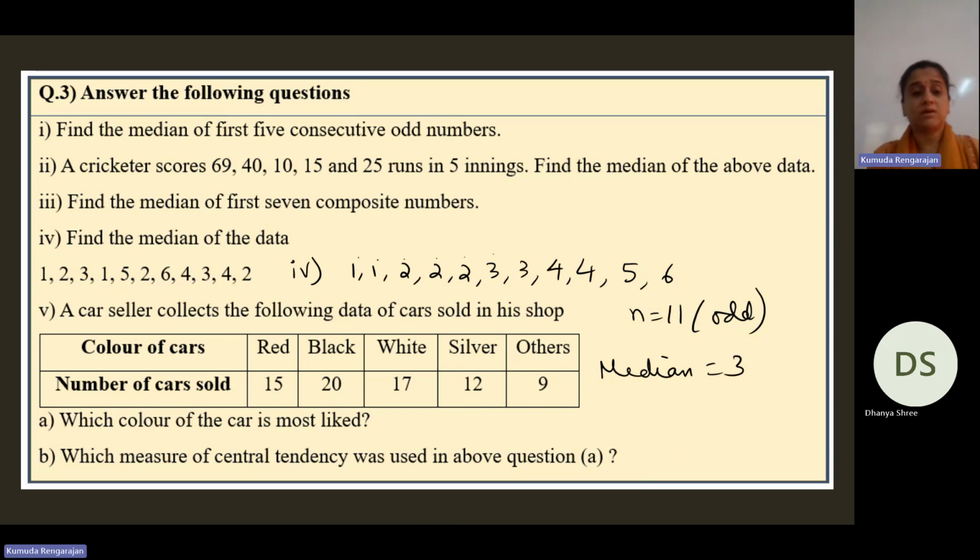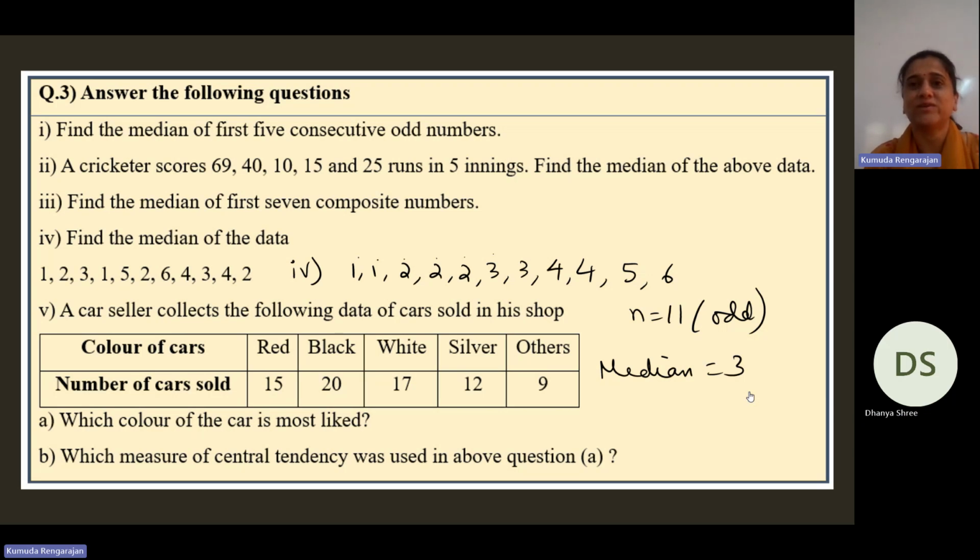Then the fifth one. Which color of the car is most liked? Black, correct? And which measure of central tendency was used in the above question? Mode.